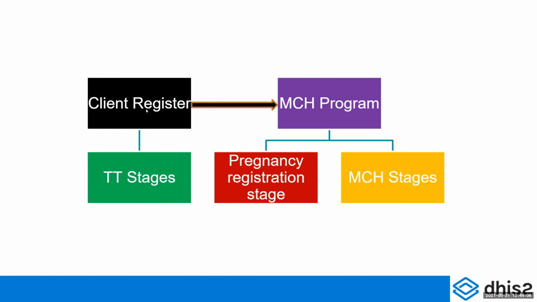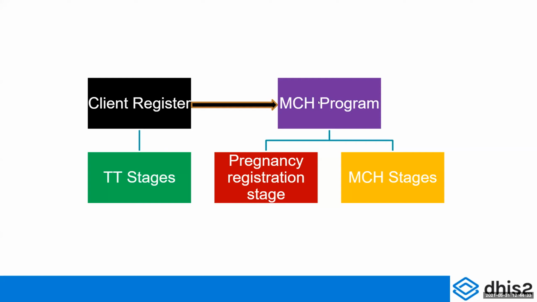And then within the client register, we have the TT stages. We made the TT not a program, but stages within the client register, because everybody potentially will have TT. Everybody actually should have TT because, number one, in adolescence, they immunize you. And then if you get pregnant and you're not immunized, they will provide you with that as well.